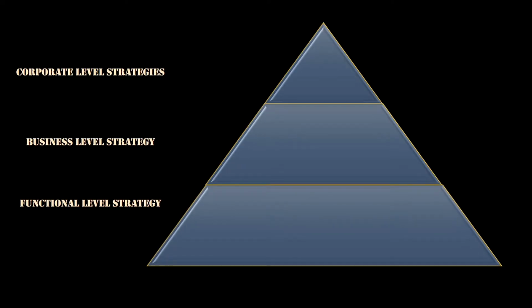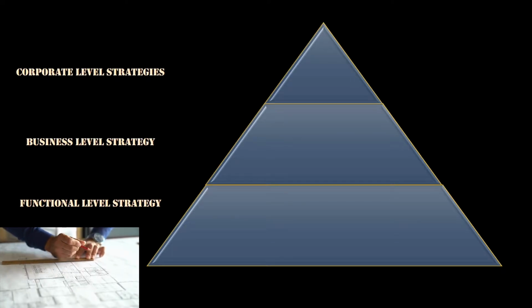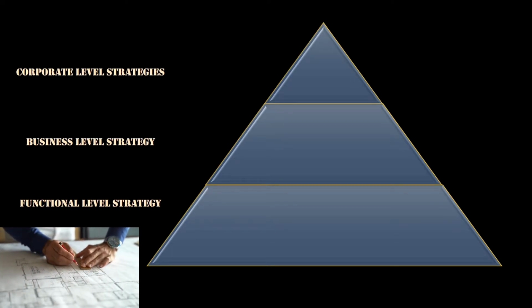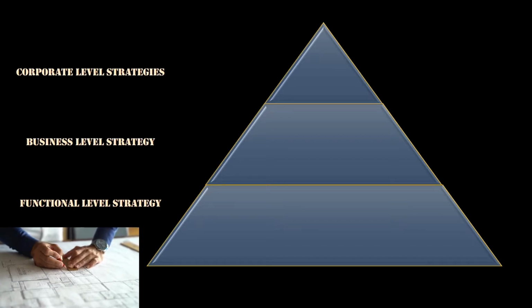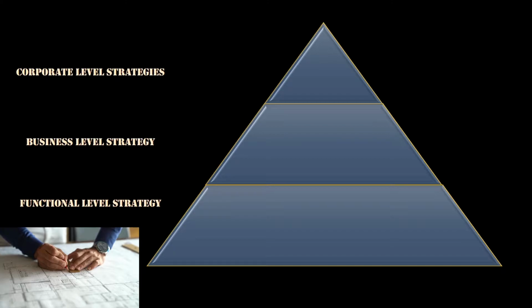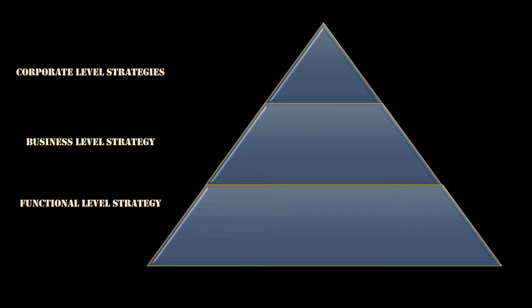And the functional level strategies are about going through with what the corporate and business level managers have envisioned for the products. Functional levels are actually the lower levels of the company that will decide on the activities of the people working there. Examples for functional level departments are marketing, finance, HR, IT, etc.